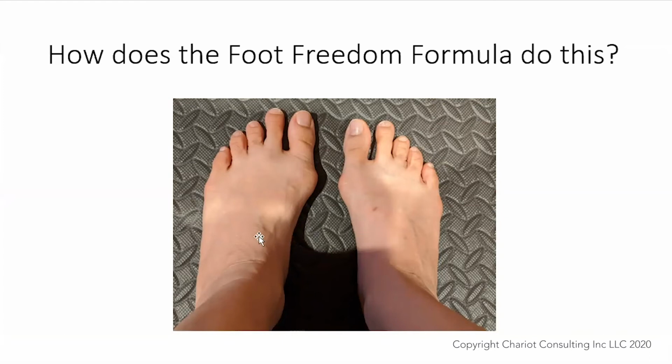But what we can do is use the skeleton as our guide, or the toes as our guide, because remember I said that these bones are in line with the metatarsals, which are in line with the toes. So if we go back from the toes to the bone right here called the medial cuneiform, and then the second bone goes to the middle cuneiform, the third to the lateral cuneiform, and then the fourth and fifth share that bone called the cuboid.